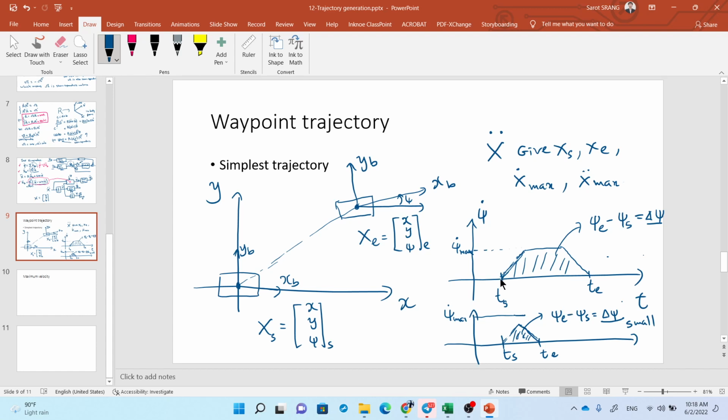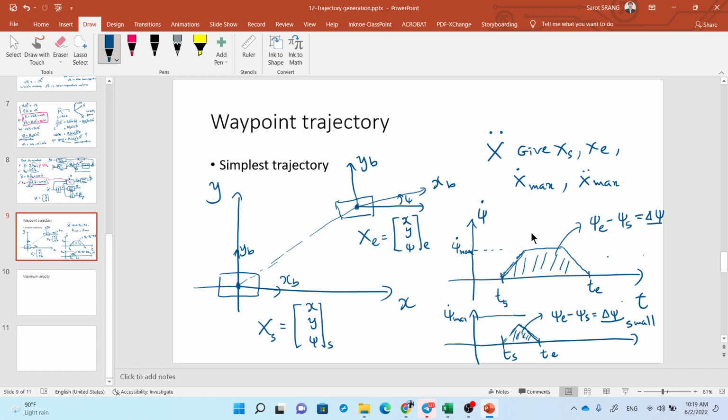So you have acceleration, meaning the velocity starts from 0 and increases little by little. If the angle is very far away, you accelerate until it reaches maximum velocity, but you still cannot reach the angle yet. So you need to keep that maximum angular velocity until almost right there.